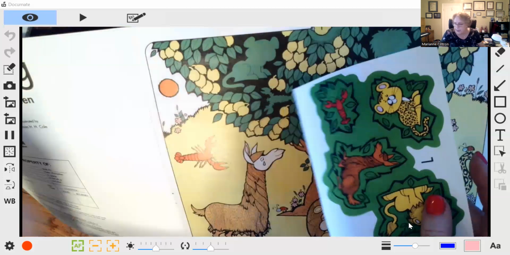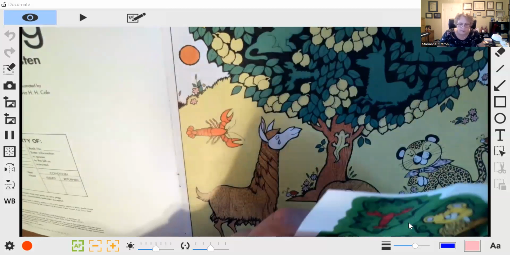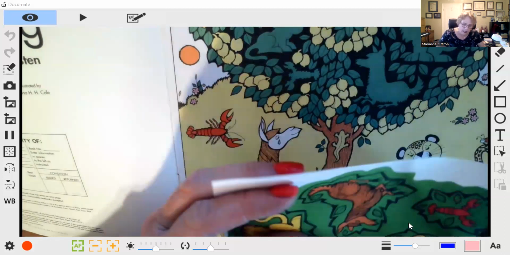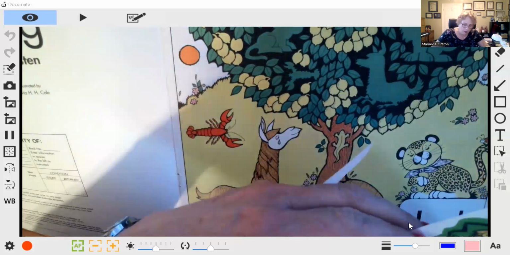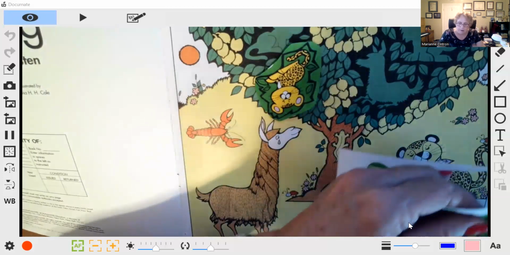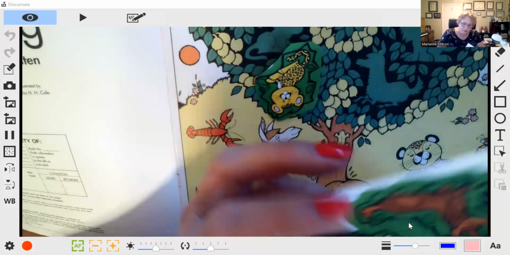These are the cutouts that come with this curriculum. We're just going to have your child cut these out. Well, actually, they're going to pop out. I made copies of mine so that I could be interactive with you.